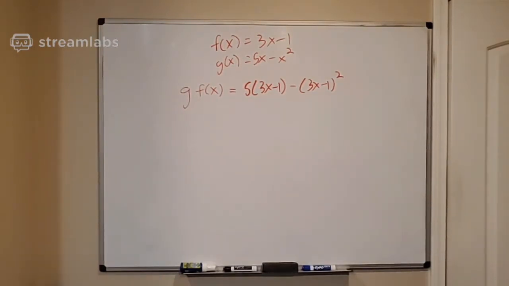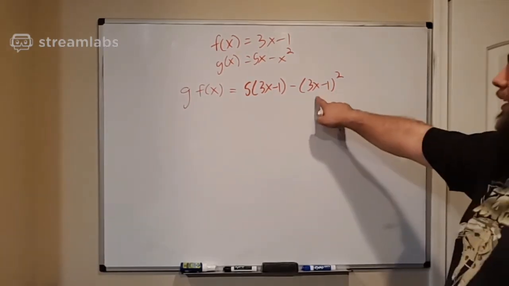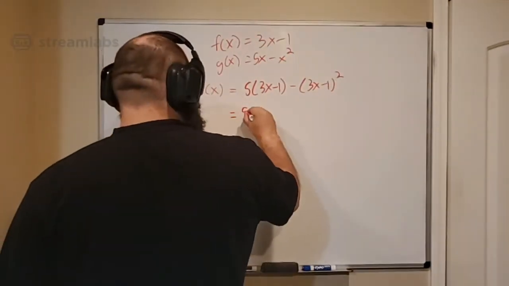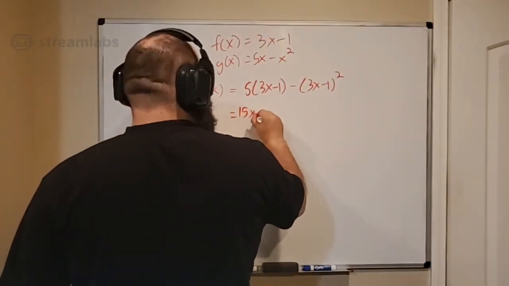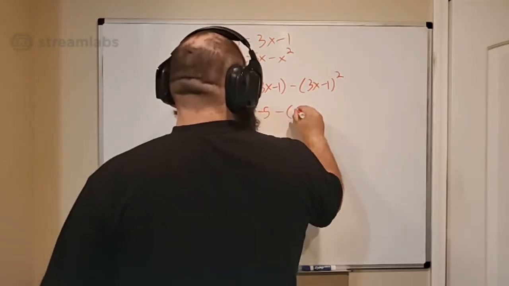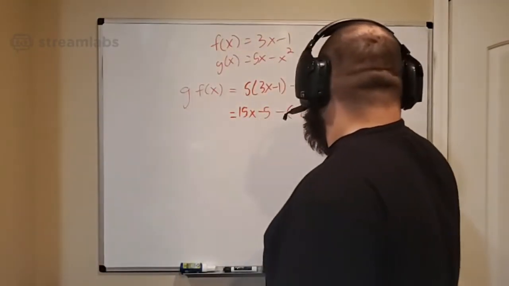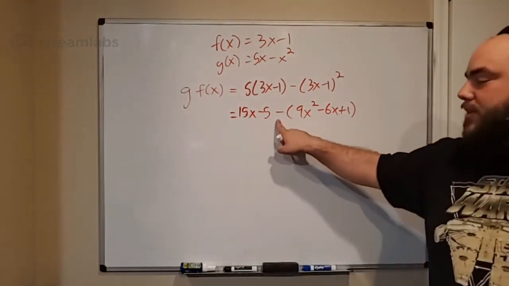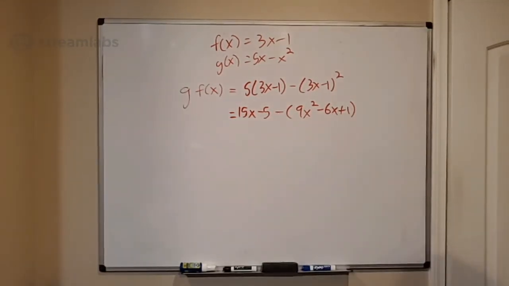One of the main reasons is this over here is going to mess you up. Since we need to write it in their form, we will have to distribute this out. So you get 15x minus 5 minus 9x squared. And again, being very careful with this distribution and the negative out in front. I leave it out in front with the parentheses there before distributing the negative to make it a lot easier on everything.